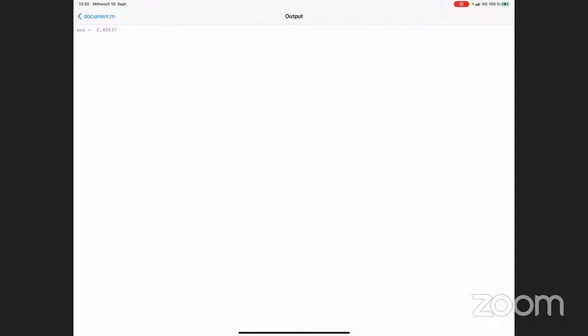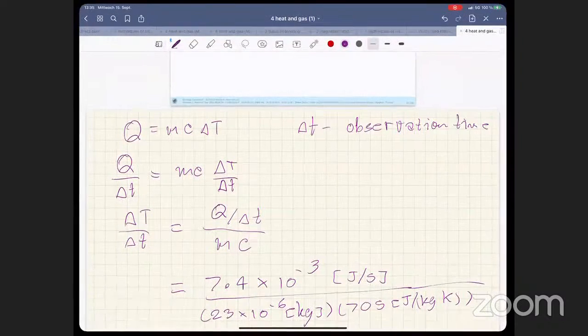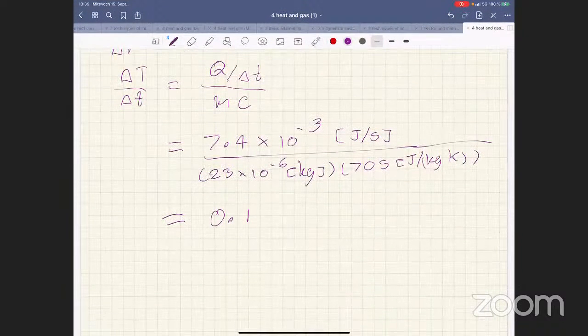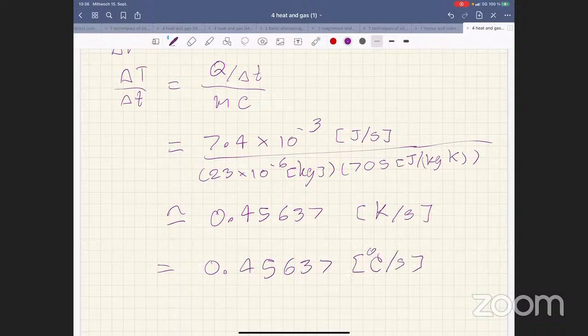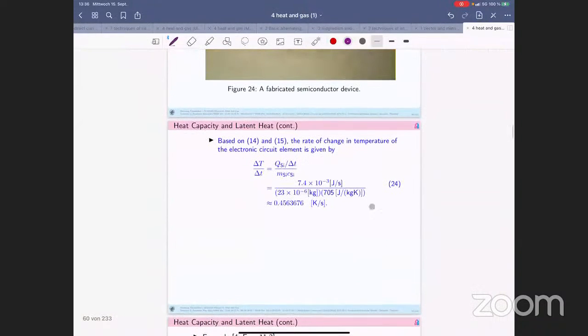It is 0.45637, and the unit is Kelvin per second, or you can also say degree Celsius per second. I'm not sure whether it's correct or not. It's not so difficult, right?